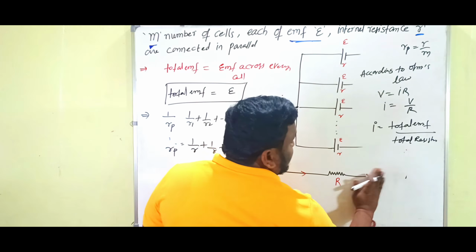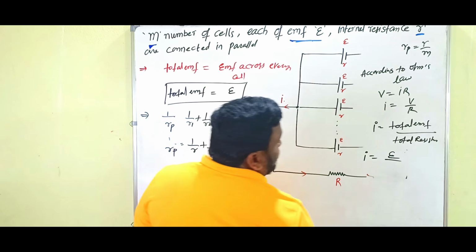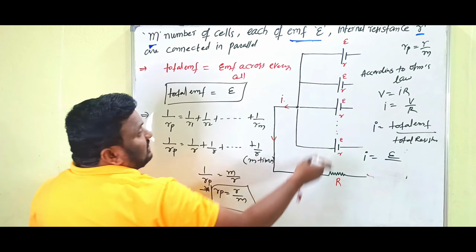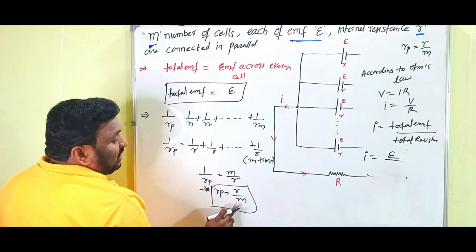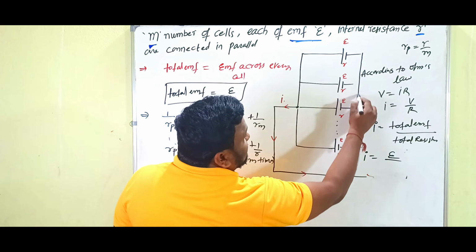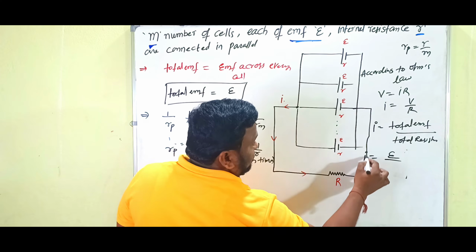So in this case, I is equal to total EMF, which is epsilon, and total resistance. Here the resistance of the combination is r by m, and the extra resistance is R. This is the circuit.